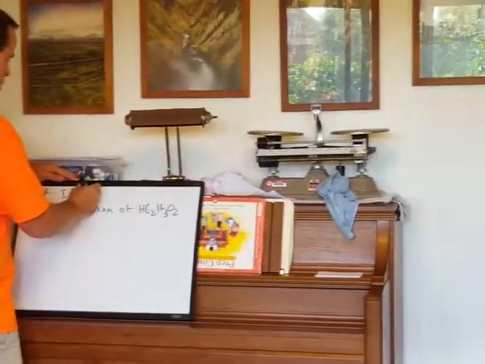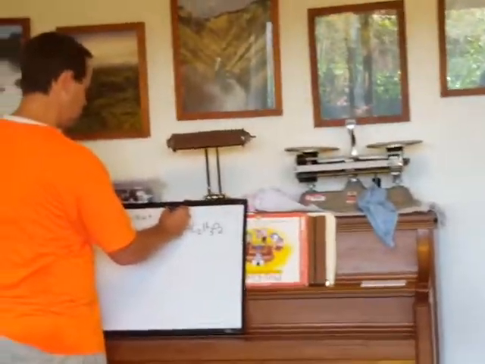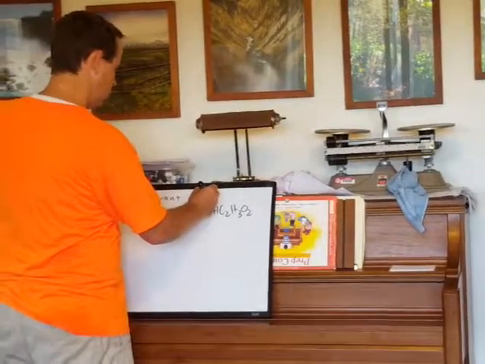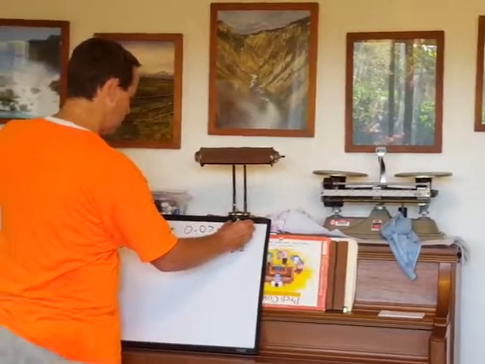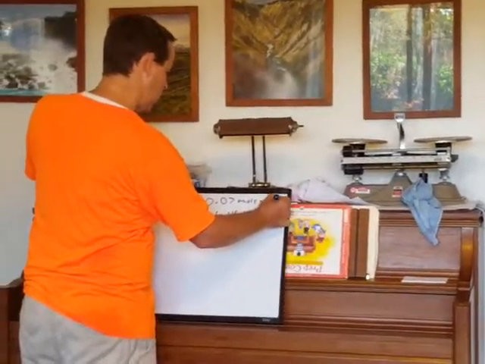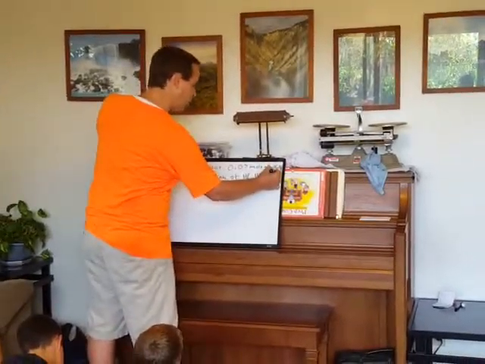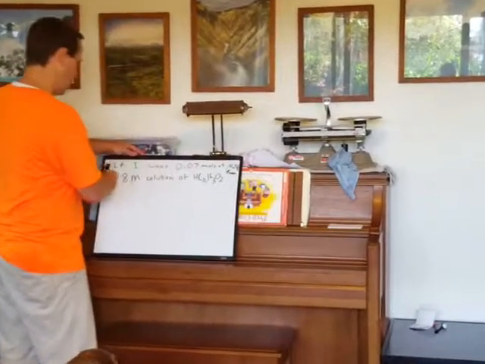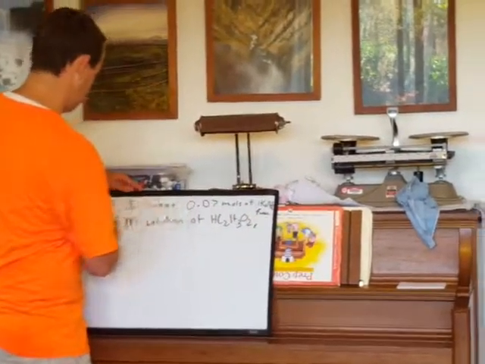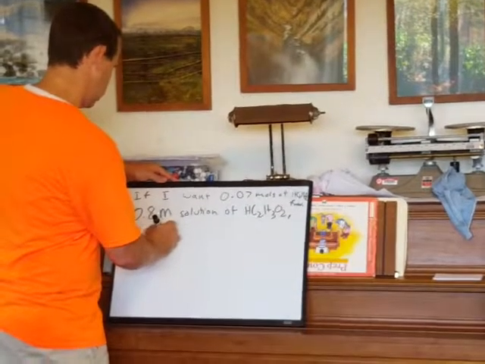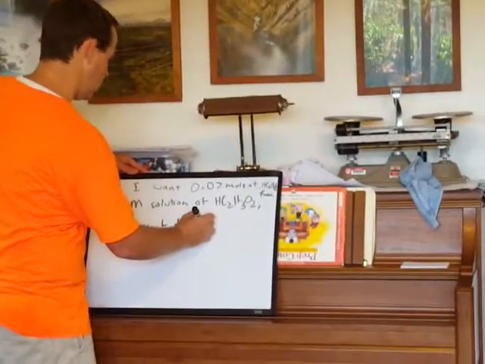So 0.1 times. If I have 0.1 liters of 0.8 molar solution of HC2H3O2. If I want 0.07 moles of HC2H3O2 from a 0.8 molar solution of that stuff, how many liters do I need?